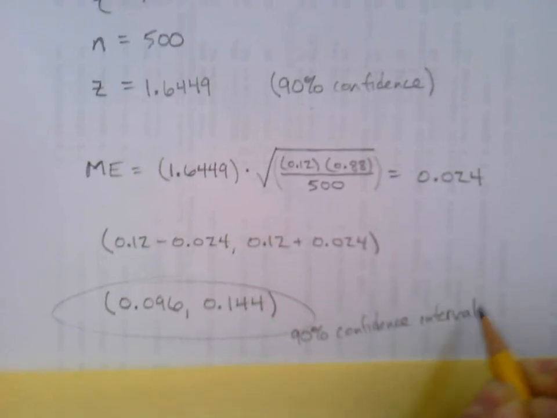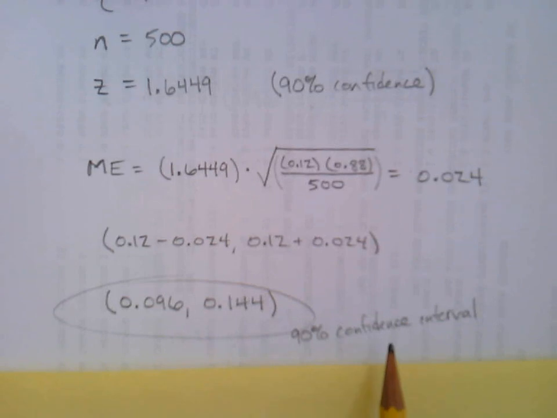We're 90% confident that the actual proportion of men who applied to this program, if we were to look at all of the thousands of applications, we're 90% sure that it falls somewhere between these two probabilities.